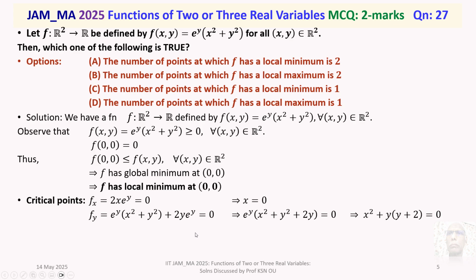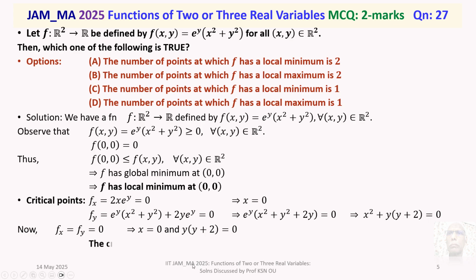Critical points are those points at which fx is 0 as well as fy is 0. So fx is equal to fy is equal to 0 will give you x is equal to 0 and x square plus y into y plus 2 is 0. That means y into y plus 2 is 0. That is y is 0 or y is minus 2.